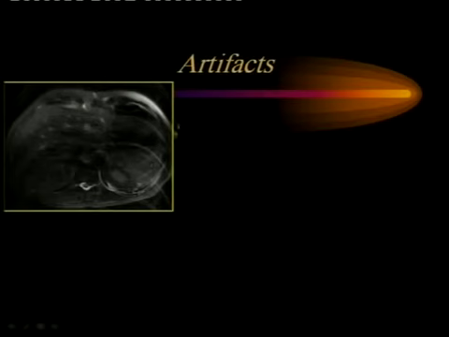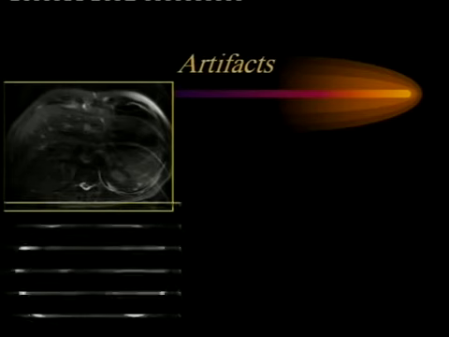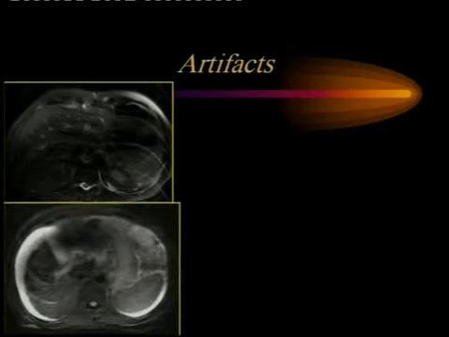Just to mention some of the artifacts that we face, obviously you can have many artifacts that you need to deal with occasionally, and this is where some of the experience and expertise needs to come in to handle these. The respiratory motion artifact, particularly in patients who have irregular breathing rates. There are also patients sometimes with ascites, which on T2 weighted images can generate a lot of artifacts that make detection of lesions a bit difficult.